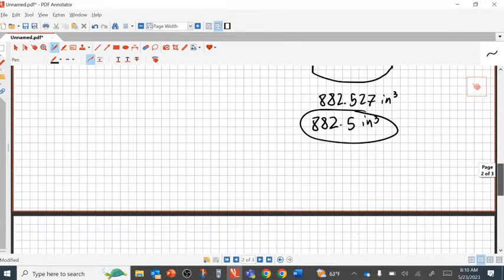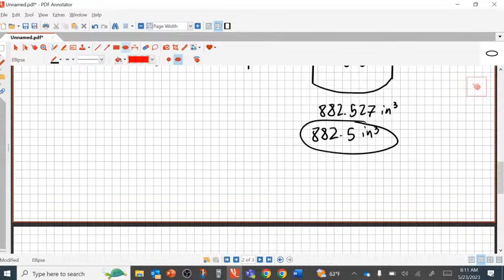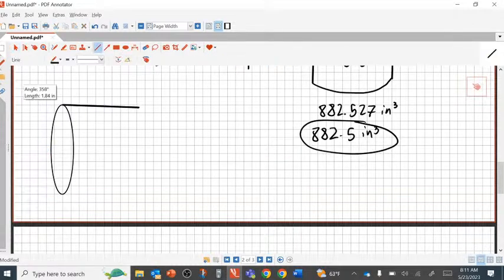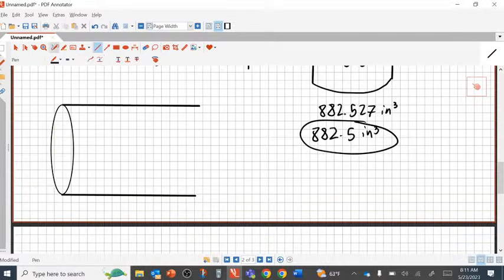Let's do another one. What's this a can of? Pineapple.